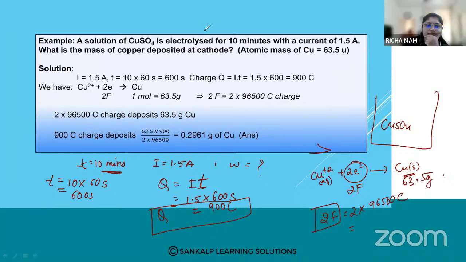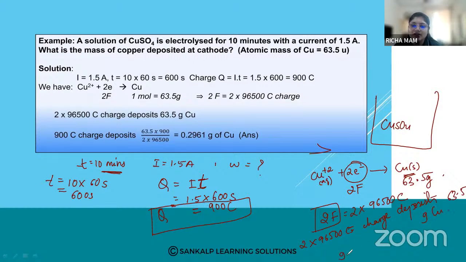Right. Now here, 900. So if I write it like this, 2 into 96,500 coulomb of charge deposits 63.5 grams of copper.